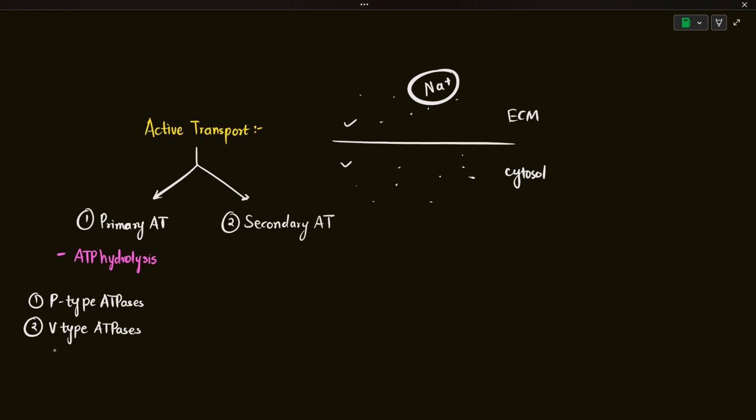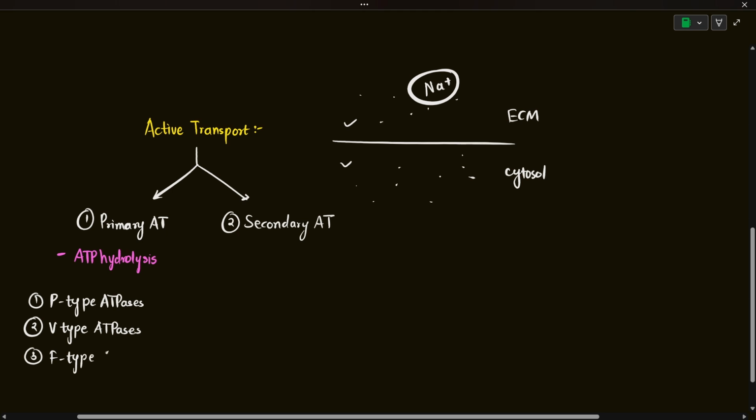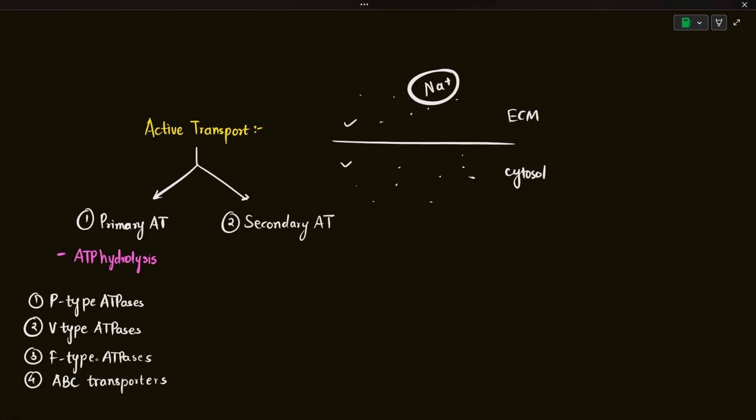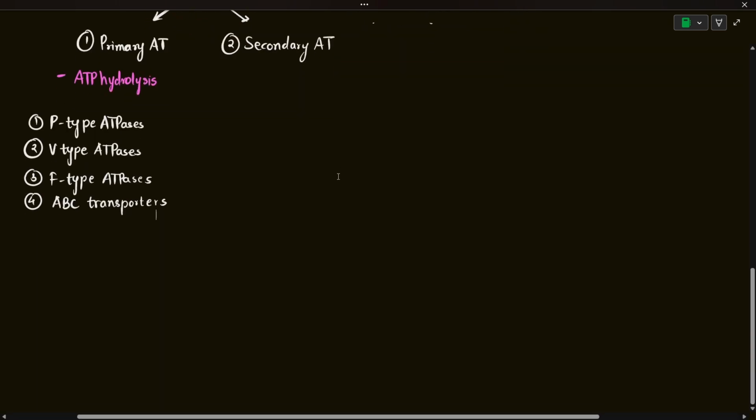And the third type is F type ATPases, right? And one more is ABC transporters. Okay, so we will be learning about all of them in detail. So let's start with the P type ATPases.